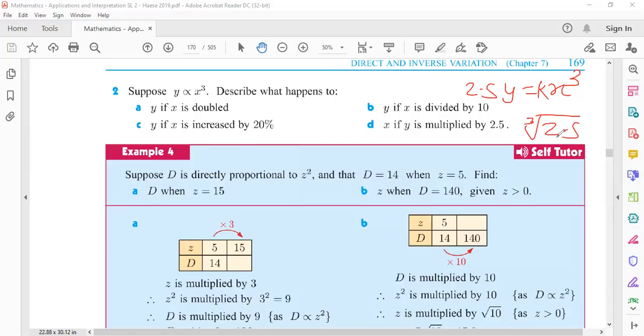I thought it was asking about what would happen to Y. It would be multiplied by 0.79. Yeah, so cube root of 2.5 basically. Yeah, got it.